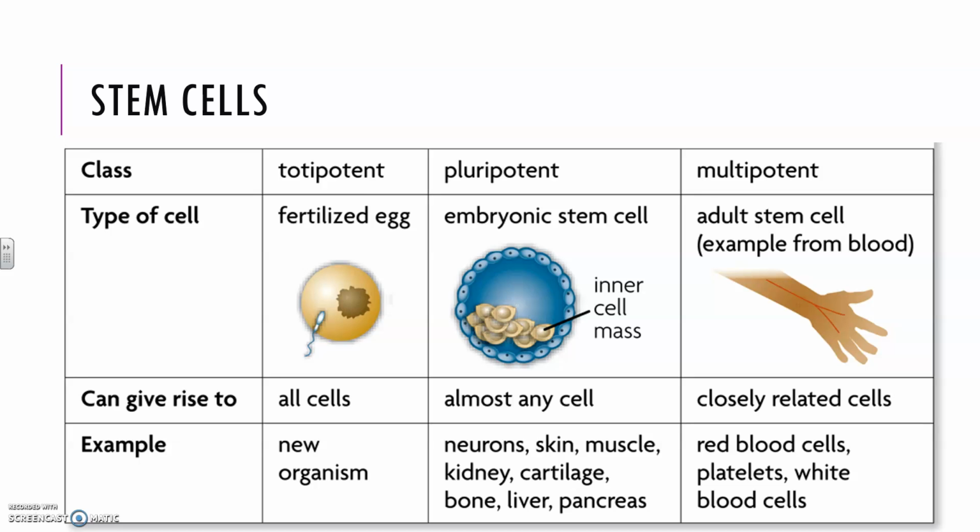Pluripotent will then start to produce specialized cells, and then you also get your multipotent, which are adult stem cells. So these are closely related cells that can change into each other as needed. Okay, so again, generally when we talk about stem cell research in the news, they are referring to embryonic stem cells simply because they're such a good research tool because they have so much potential.